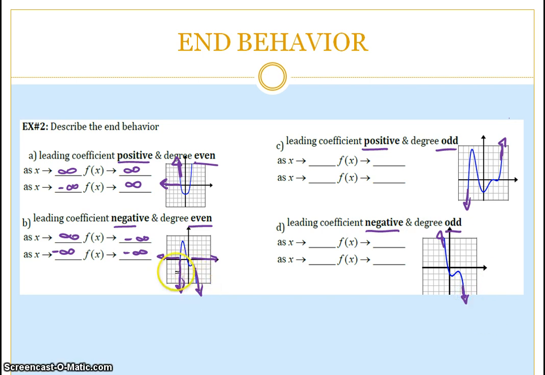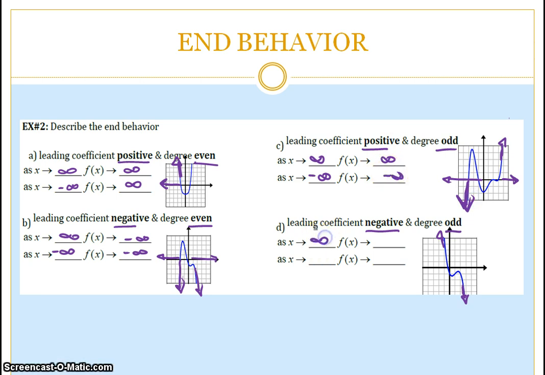Okay, so as x approaches infinity, the function goes up. It approaches infinity. As x approaches negative infinity, so as x gets really small, my function is approaching negative infinity. They point in opposite directions.